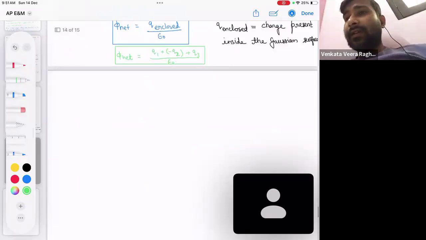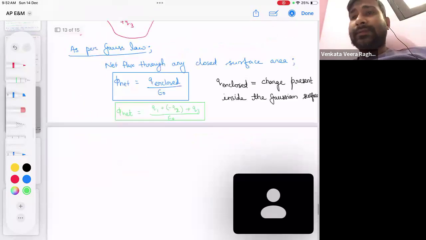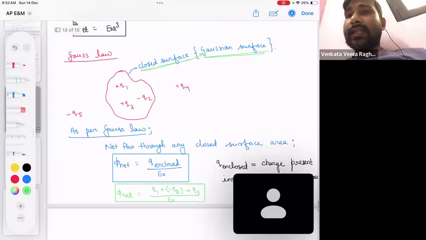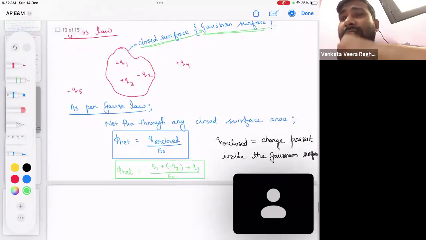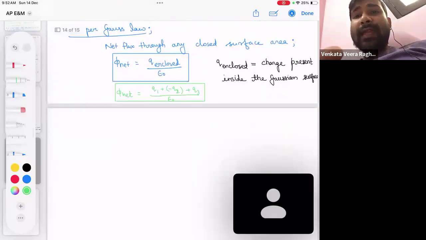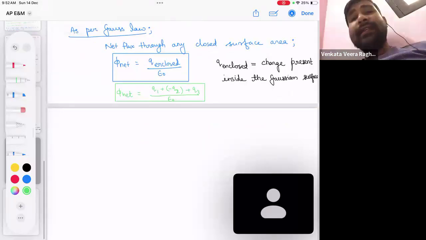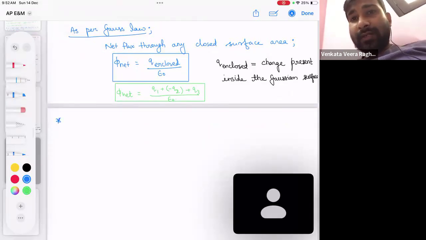Now, the next thing. Second thing about the Gauss law: the first thing is that it is for a closed surface. Now tell me, can we apply Gauss law for any kind of shape and any size of the surface?